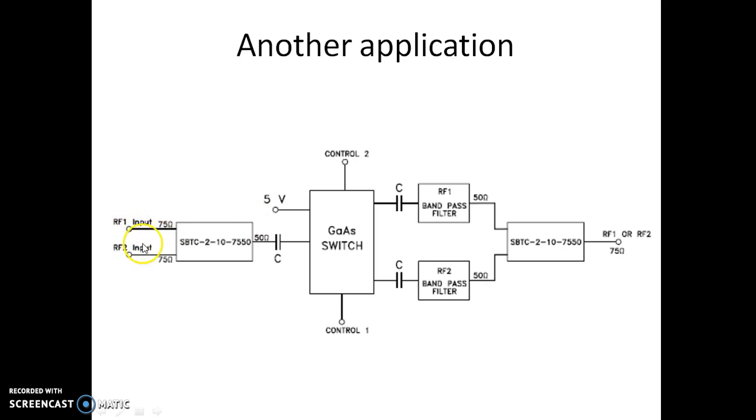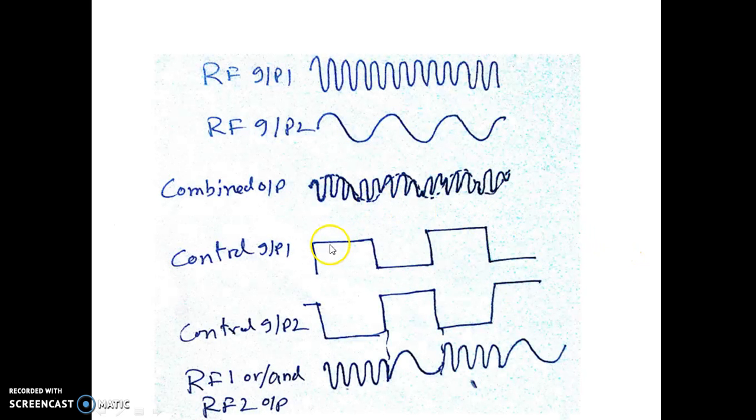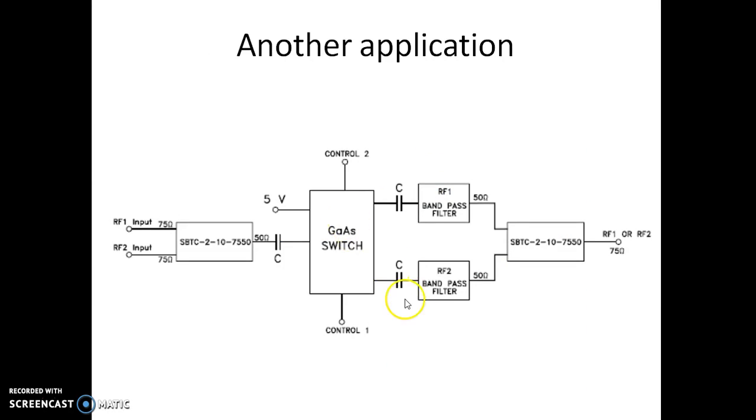So from two RF inputs I can get a desired one. It is also possible that I make only control input 1 high, and if this is low, I'll keep getting only this signal. If I want to get the RF2 signal at the output of the last combiner, I can make only control input 2 high and make 1 zero. So I'll keep getting only the RF2 input at the output of this combiner.